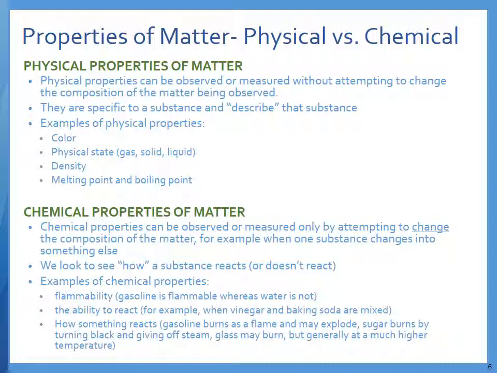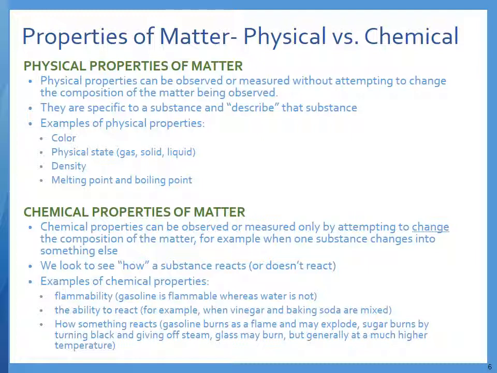So the ability to react, for example, when you put vinegar and baking soda together, you get a reaction. But if you put vinegar on something else, you may not get a reaction. And then also how something reacts. So, if you burn gasoline, it's going to flame up or possibly explode.